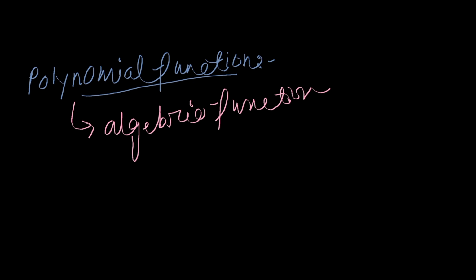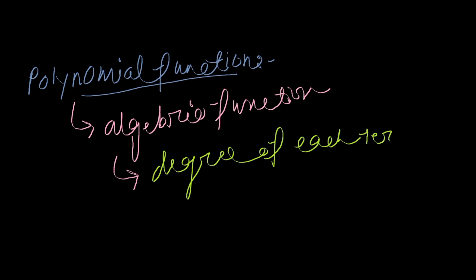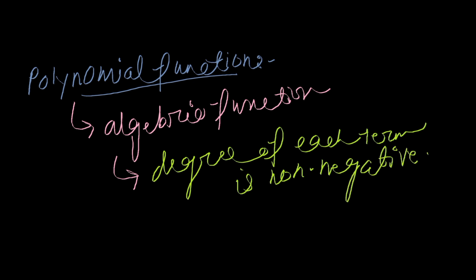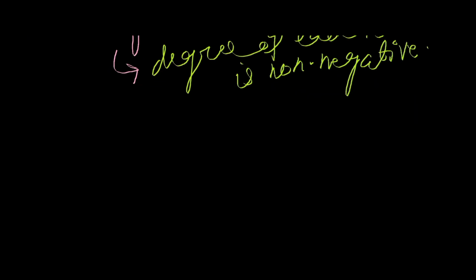In polynomial, the degree of each term is non-negative. I will give you an example so you would have a clear understanding. I have this function f of x, a polynomial function, x squared plus 4x plus 2.